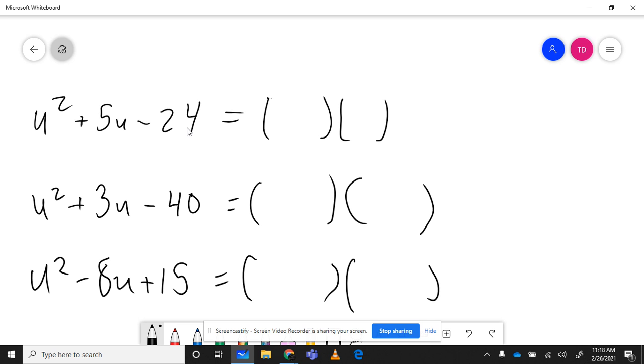So two numbers that multiply to give me 24 that are 5 apart. What might that be? We got 12 and 2. We got 4 and 6. We got negative 24, so one of the numbers needs to be negative.